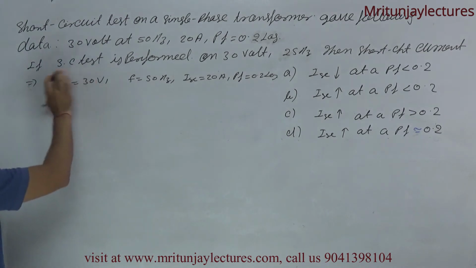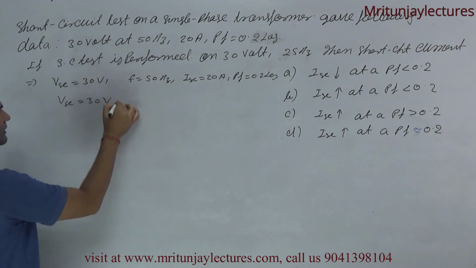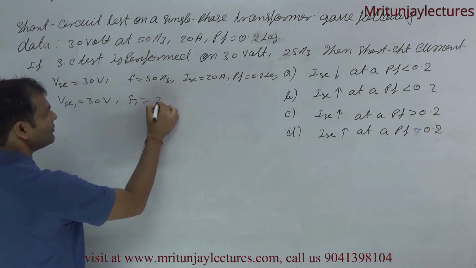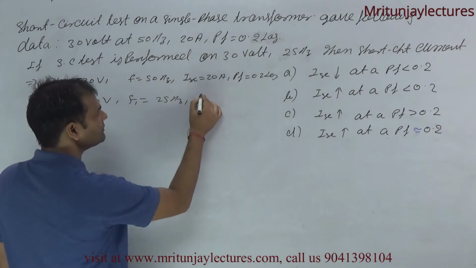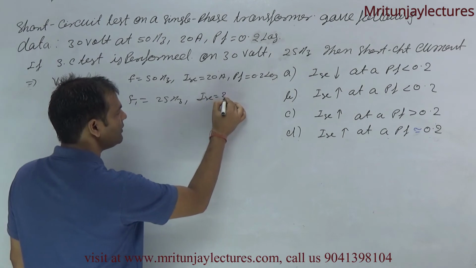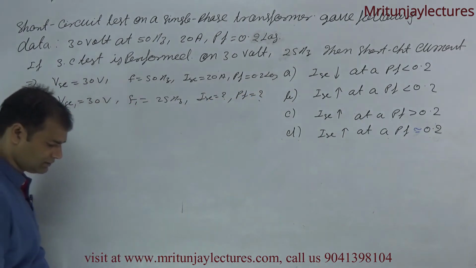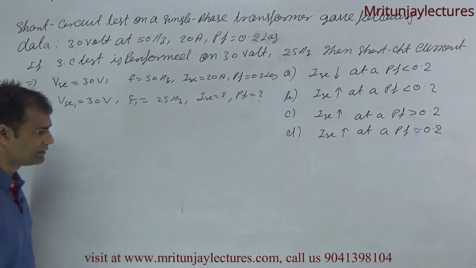Now if the short circuit test is performed at 30 volt and frequency 25 Hz, what about the short circuit current and power factor? We don't know. We are focused on these two parameters.